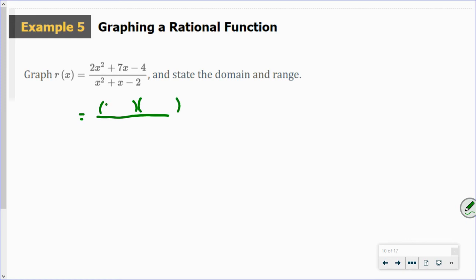This would be 2x minus 1 and then x plus 4. For the bottom, factors of 2 that subtract to 1, so x plus 2, x minus 1. Okay, so we've got everything factored.